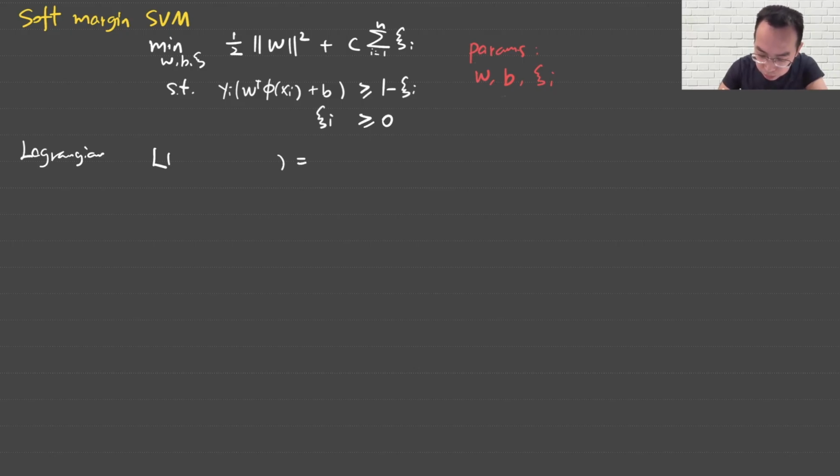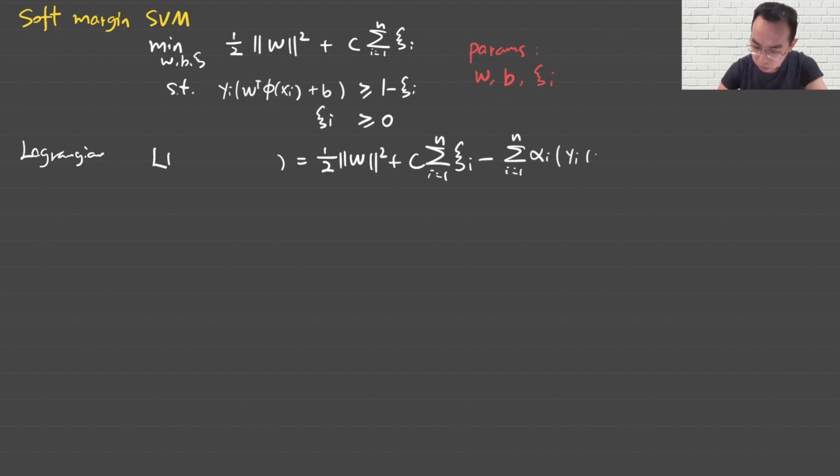So we have the first term, the minimized term, and then minus.